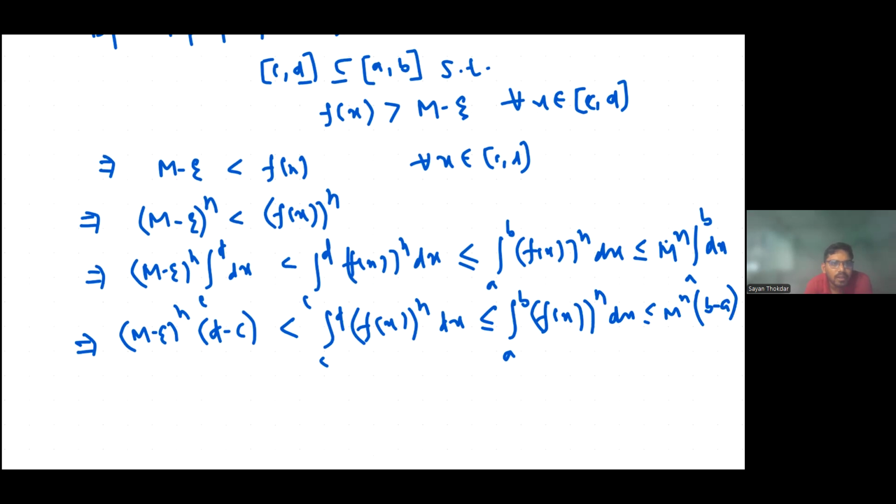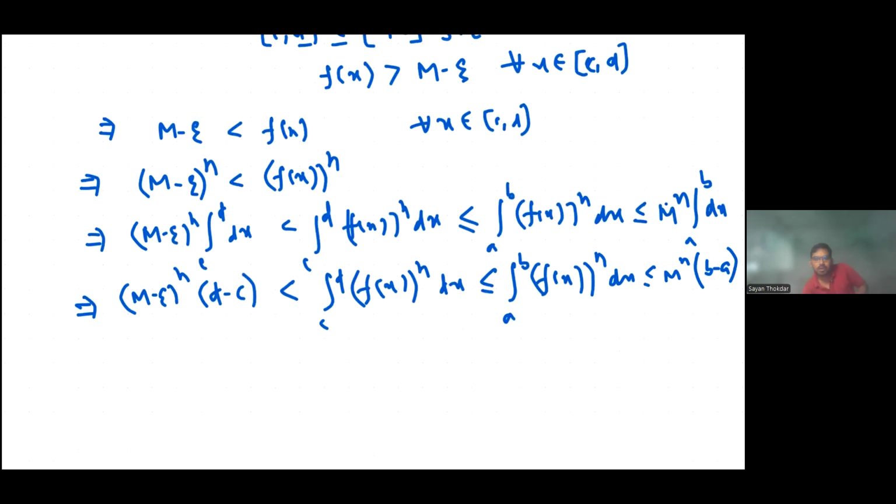Now we are taking the 1 by n power, because in the sequence's construction, if we look closely, we see the integral from a to b of f of x to the power n dx, whole to the power 1 by n. So taking 1 by n means taking the nth root everywhere, which we can do trivially because everything is positive.